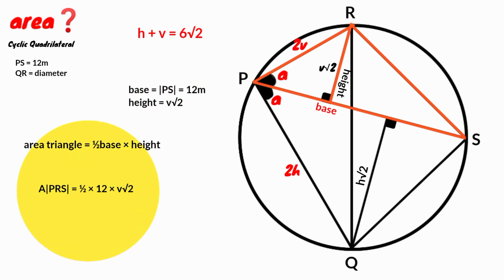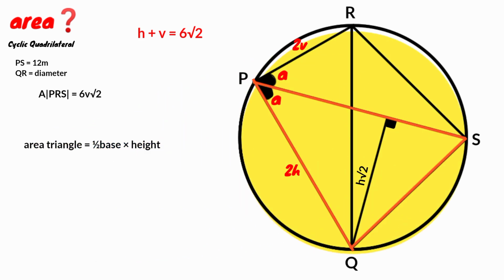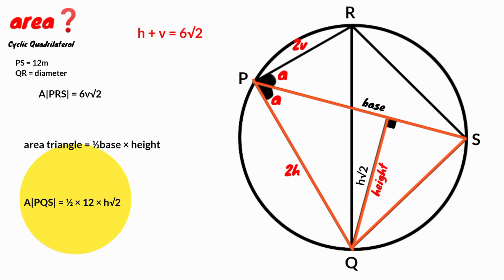So area of triangle PRS equals 1/2 times 12 times v root 2. 1/2 times 12 is 6. 6 times v root 2 is 6v root 2. Come to this triangle also. To calculate its area, if we take this as the base, this must be the height. So the area is 1/2 times 12 times h root 2, which is 6h root 2.